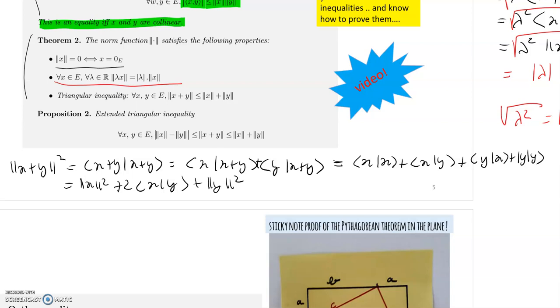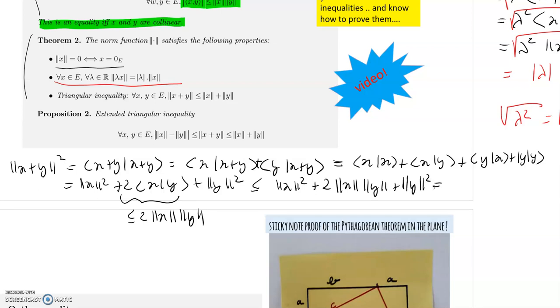Now I'm going to use the Cauchy-Schwarz inequality to bound that above. That's going to be smaller or equal to 2 times the norm of x times the norm of y. That's the Cauchy-Schwarz inequality. So that's smaller or equal to the norm of x squared plus 2 times the norm of x times the norm of y plus the norm of y squared. And you can see that this last expression is exactly the norm of x plus the norm of y, squared.